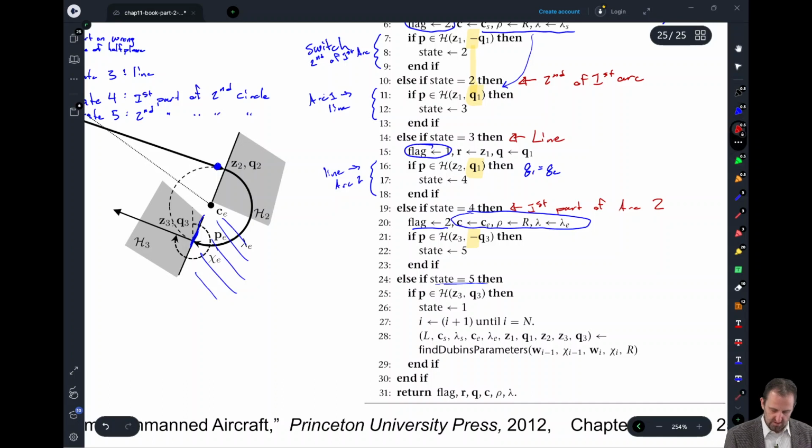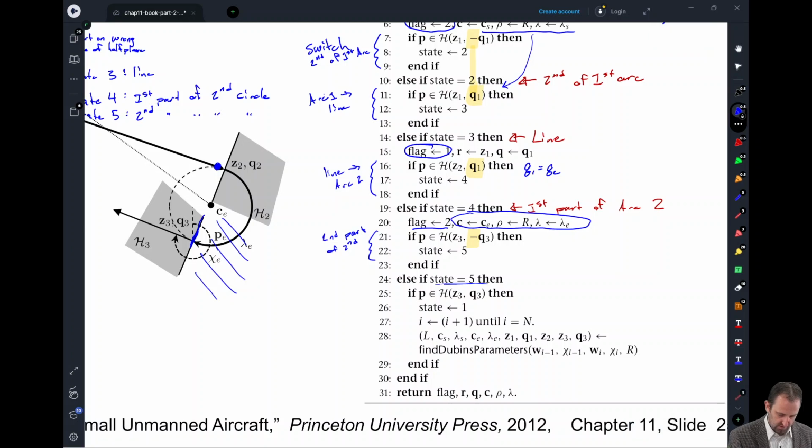Once this switching condition is satisfied, we'll do the second part of the second arc. So state 5 equals second part of arc 2.